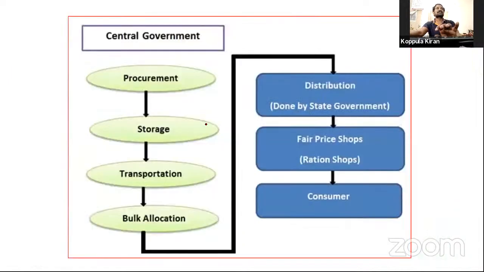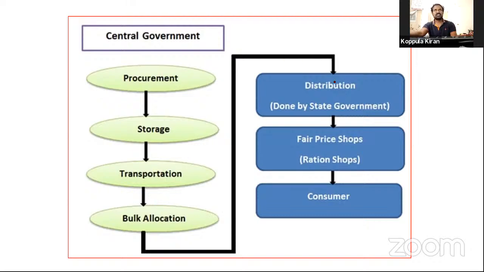Next, see how the PDS system works. First, the central government procures the food grains from the farmers. Then they are stored in the Food Corporation of India. Then transportation and bulk allocation.